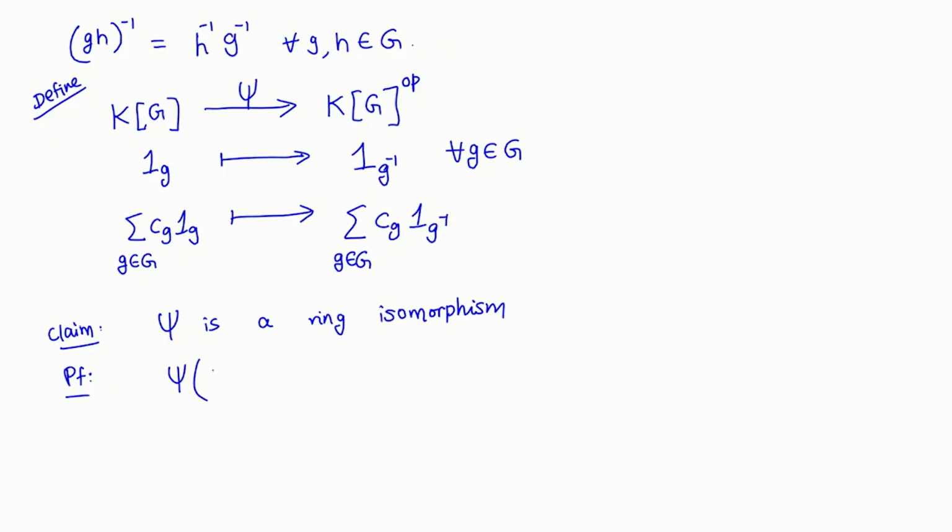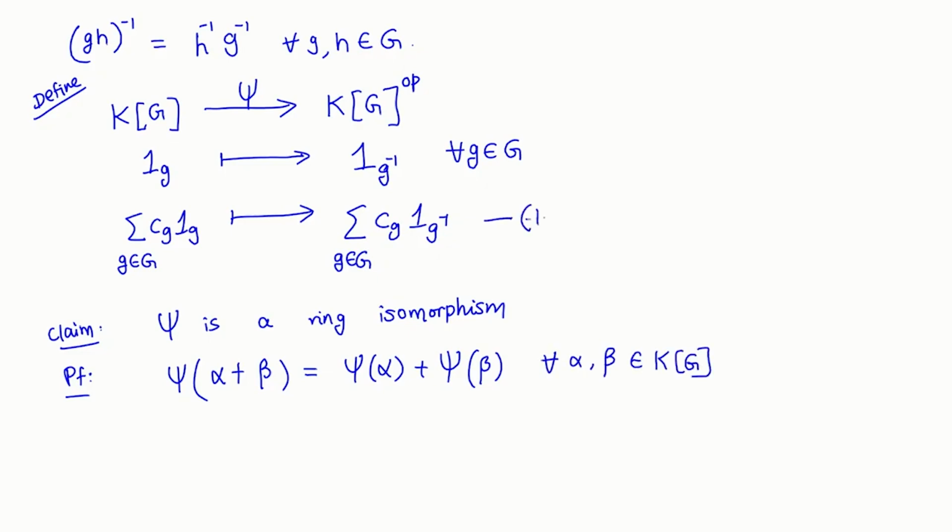So psi of alpha plus beta equals psi alpha plus psi beta for all alpha, beta coming from Kg. So I will leave this for you to check. All you have to use is this equation star by star, because both alpha and beta will have such expressions and you write everything out.